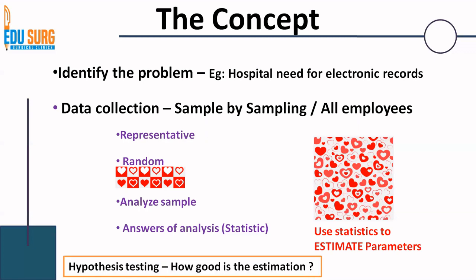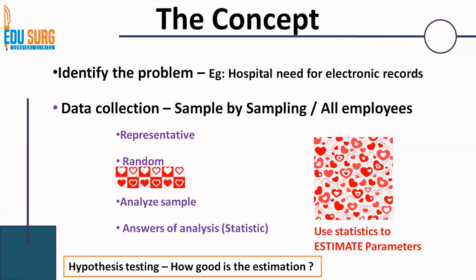So what we are doing here is we collect a sample, we analyze the sample, we do our various techniques like mean, median, mode, standard deviation, etc. on the sample. Answers of the analysis are known as statistics. Statistics are used to estimate parameters. And the last step, which we are going to study in future, is hypothesis testing.